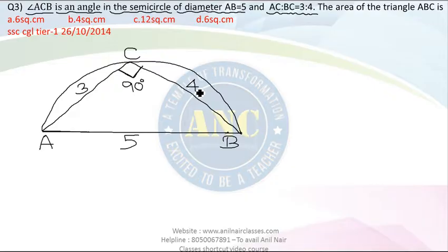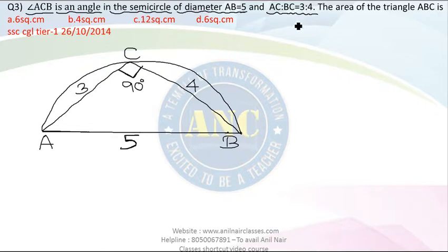Sir, it is 3 is to 4. It can be 6 is to 8 also. 6 is to 8 is nothing but 3 is to 4 itself. Why are you taking 3 and 4 itself? Because this hypotenuse is 5. Because the hypotenuse is definitely 5, which is given in the question as AB equal to 5, I can definitely say that the Pythagorean triplet with hypotenuse 5 has the other two sides as 3 and 4 itself.